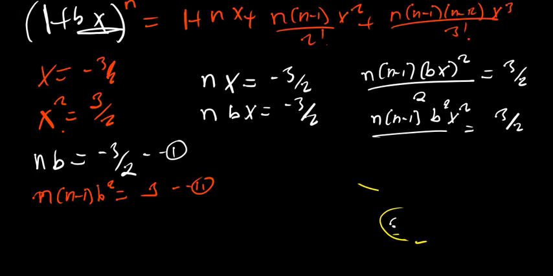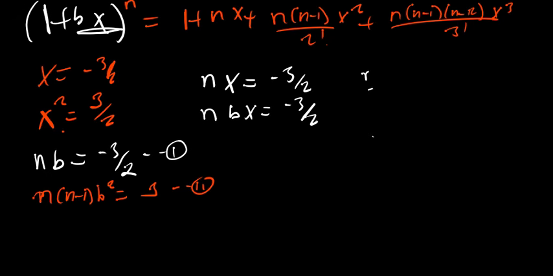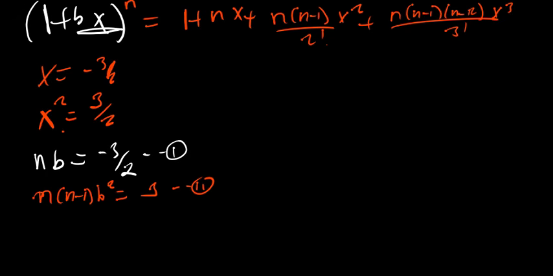When you reach that point, the goal is to find the value of x, the value of n and b. So you choose which one to make the subject of the formula. The best way is you can make n the subject of the formula in the first part. If I cross multiply here, I have nb is equal to negative 3 over 2.